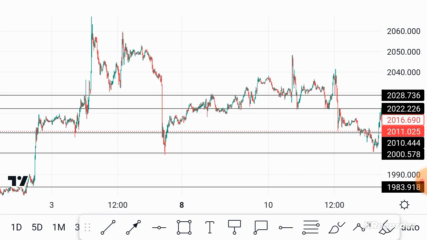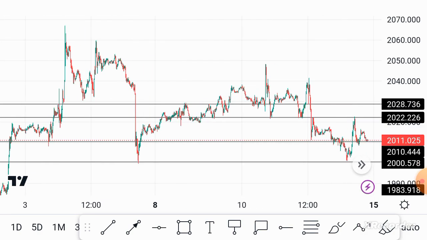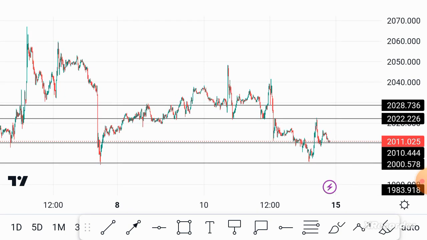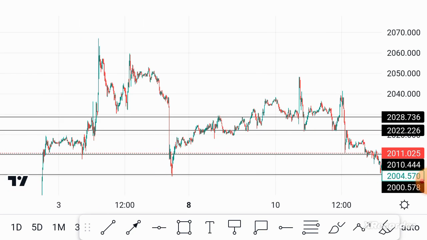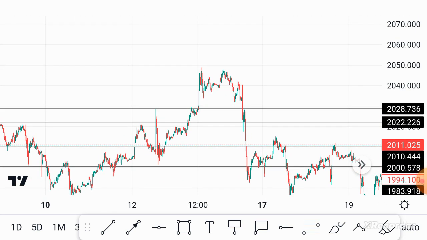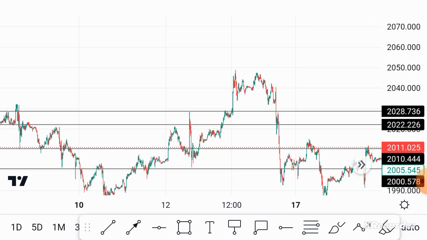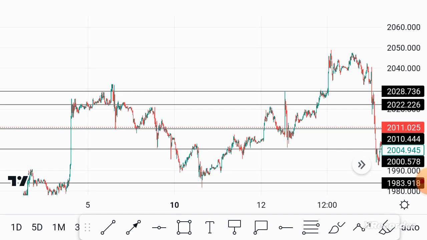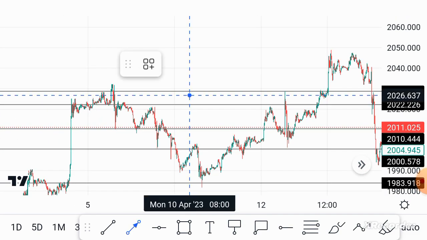All right guys, like I said, key levels are areas where price respected in the past and it is most likely that price is going to respect them in the coming days. So let's go back to history on our chart. You notice that at this point, price reacted at this region.